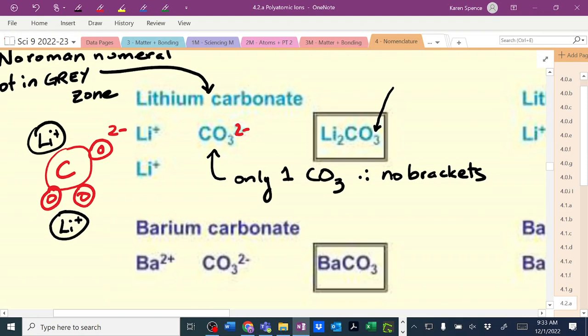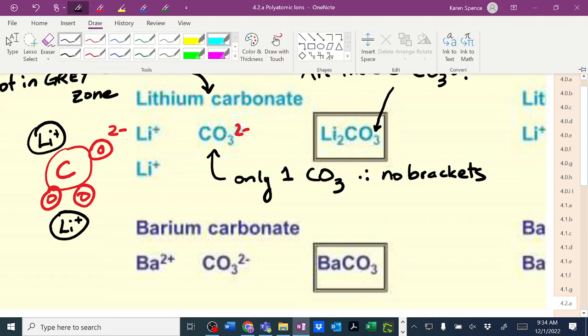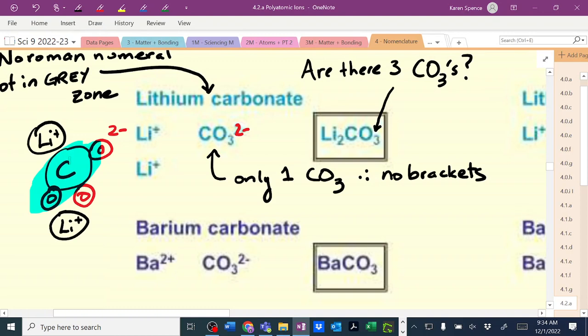Are there 3 carbonates? And the answer is no, because if you look over here, I've got 1 CO3, right? There's only 1 CO3 there, not 2 CO3s. The 3 applies only to the oxygen, and it just makes it part of that little polyatomic ion.